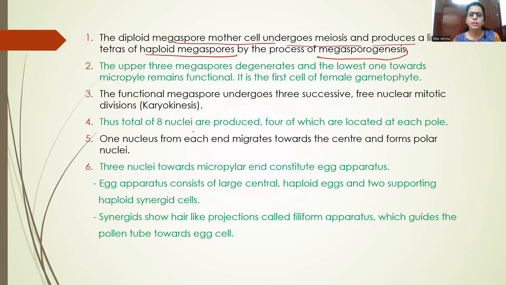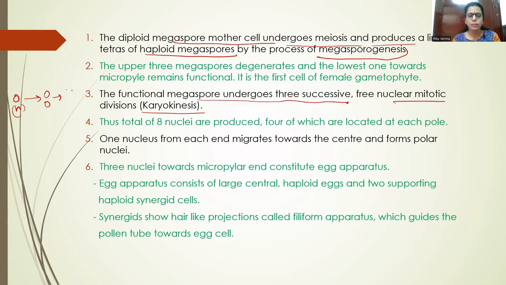Now this functional megaspore undergoes 3 successive mitotic divisions. These are free nuclear mitotic divisions, that means only karyokinesis. So after 3 successive mitotic divisions, one nucleus produces a total of 8. This is a haploid nucleus. It will undergo first mitosis and give rise to 2.